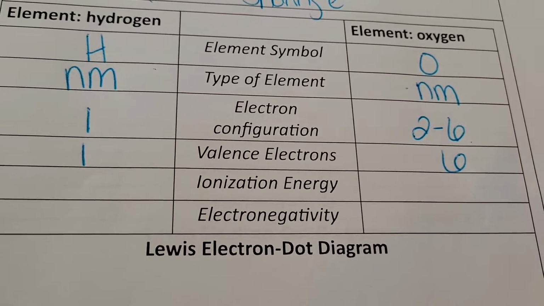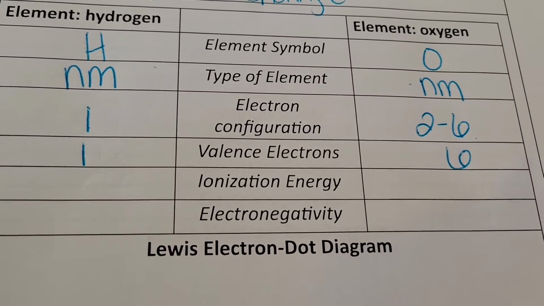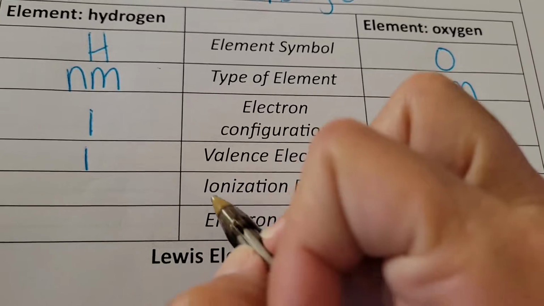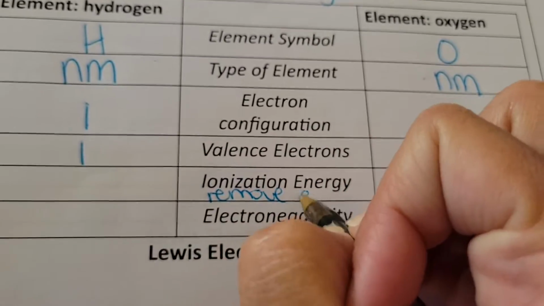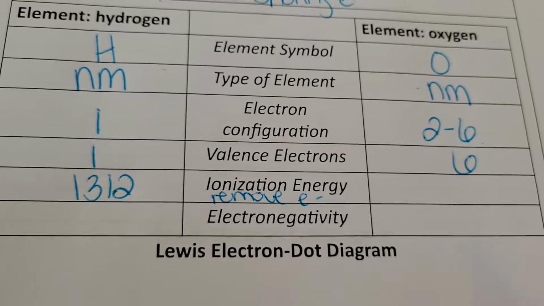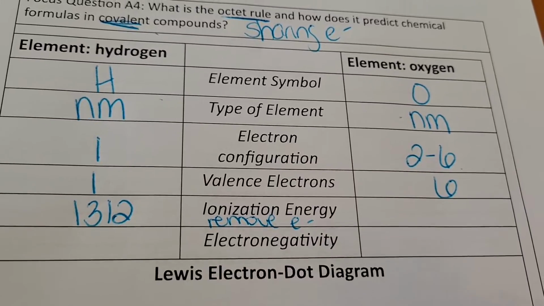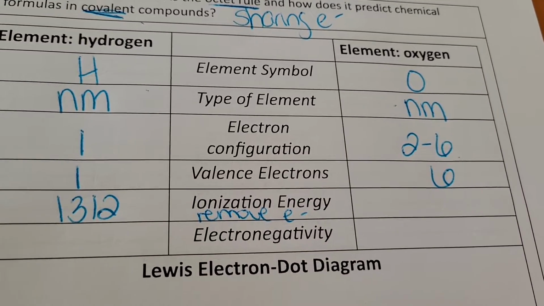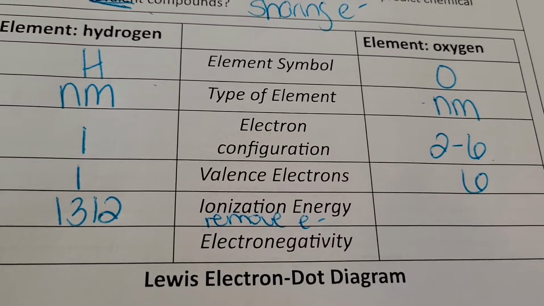And then if we look up the ionization energy, remember, ionization energy is the energy to remove an electron. So we have 1,312 for hydrogen. It's high because it has 1, and it's very close to the nucleus, so there's a lot of draw there.